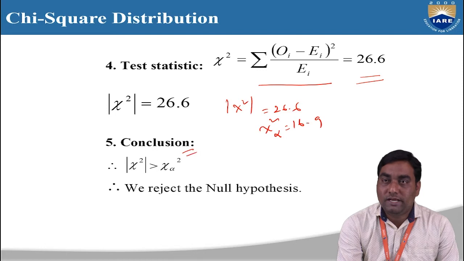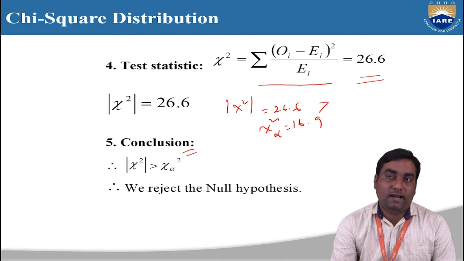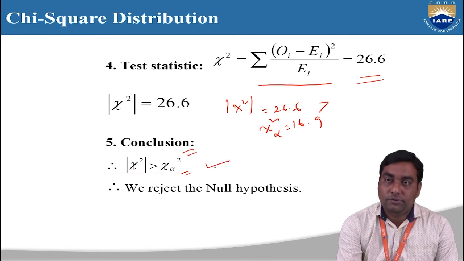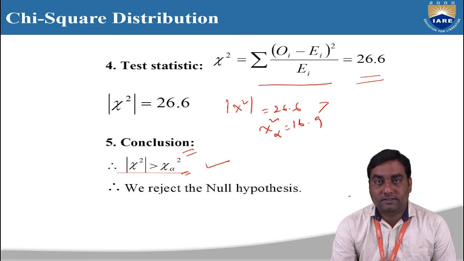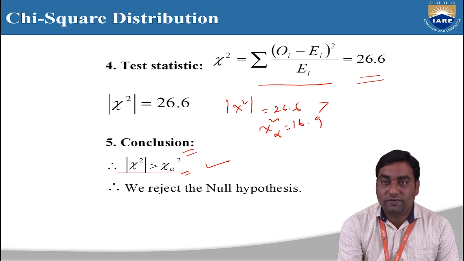Now, in the conclusion part, compare these two values. 26.6 is greater than chi-square alpha. That's why we use this relation: mod chi-square is greater than chi-square alpha. According to the procedure of test of hypothesis, if it is greater, we reject the null hypothesis.